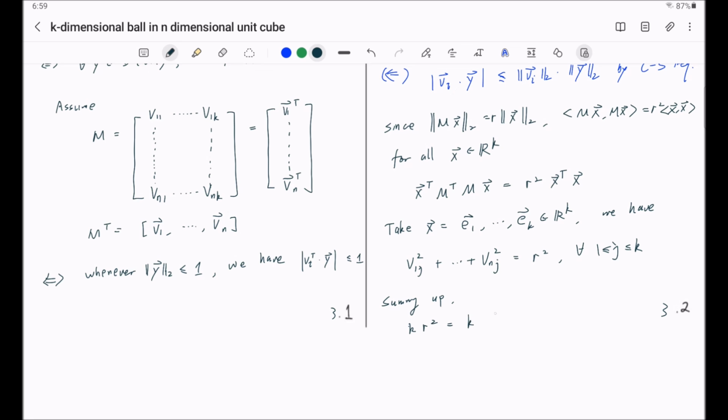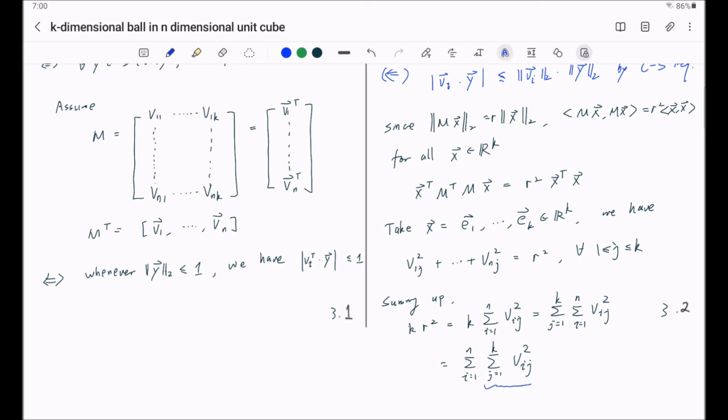So this is k times the sum over i from 1 to n of Vij squared, which is equal to this double sum. And we can switch the order of those summations. We first sum for j equal to 1 to k, and then i equal to 1 to n, of Vij squared.